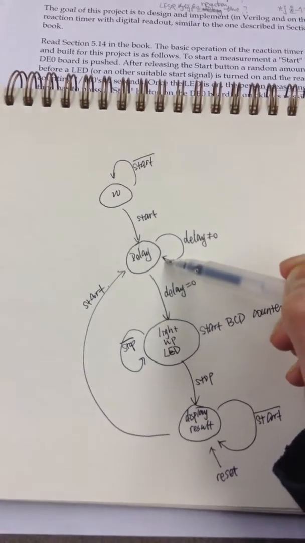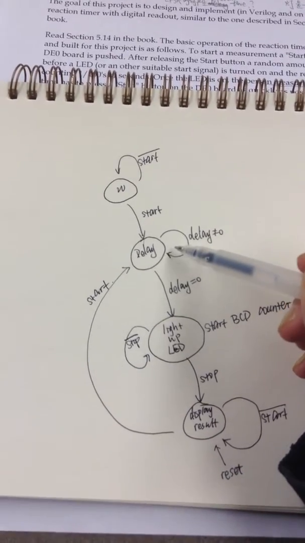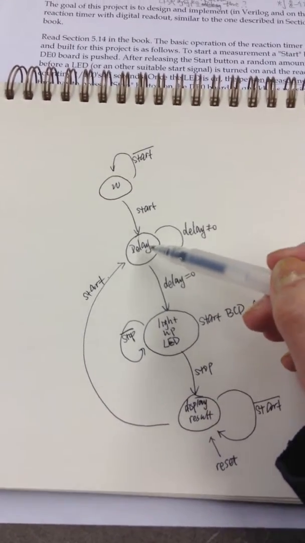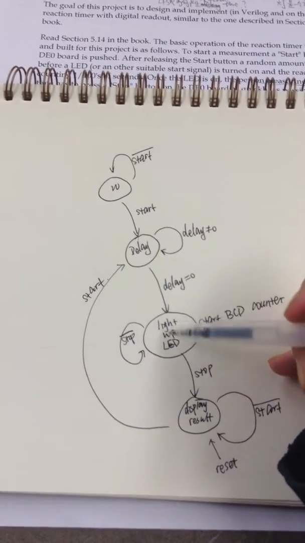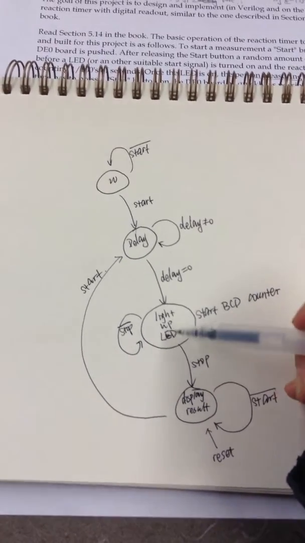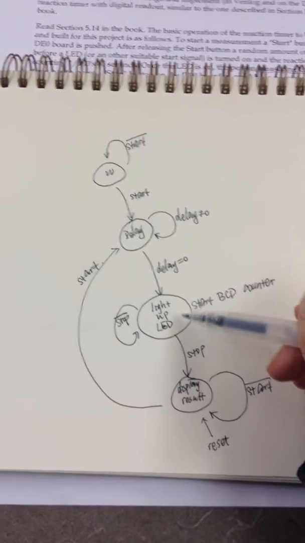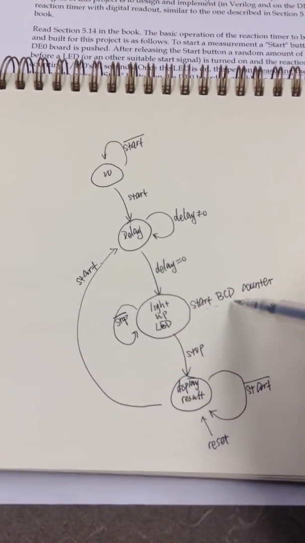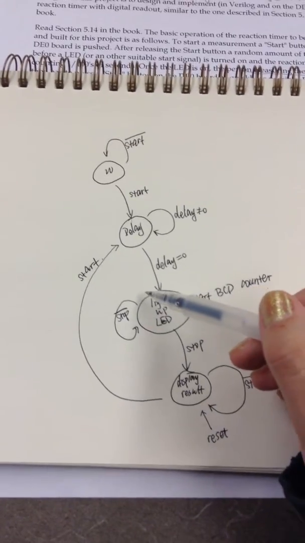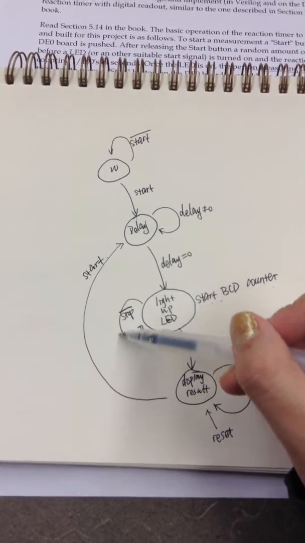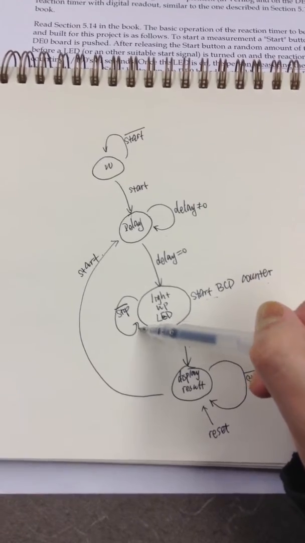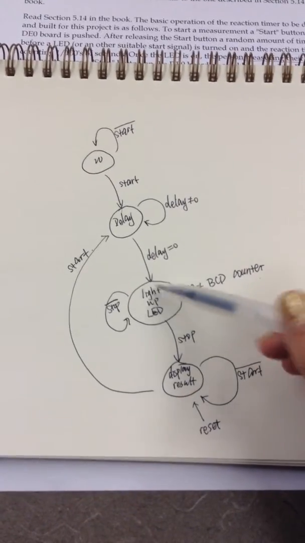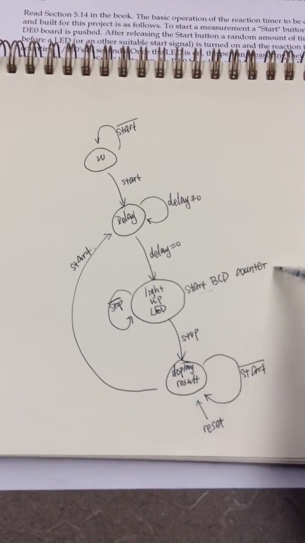If the delay is not equal to 0, it will always stay at this state, and once the delay is equal to 0, it will go to light up the LED light. At the same time, the computer will start the BCD counter, and if we do not push the stop button, it will always stay at this state and keep doing the BCD count.